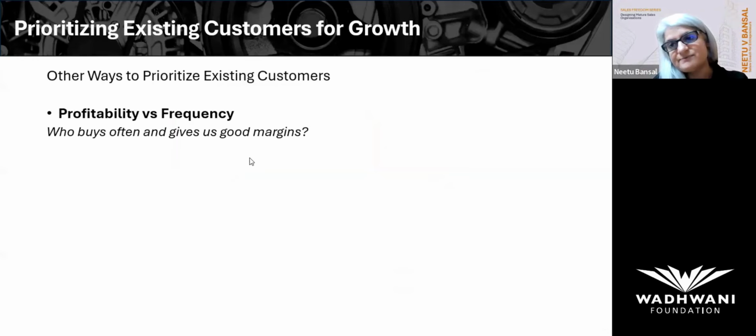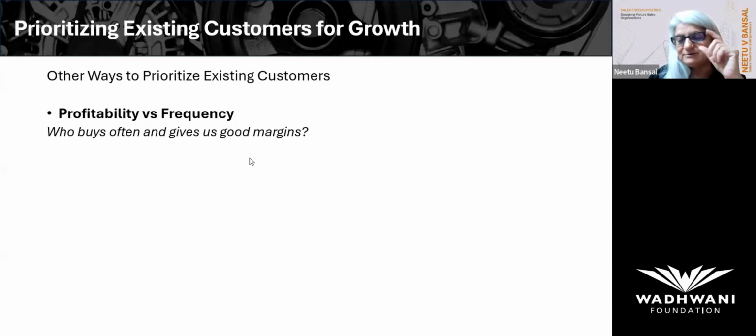Especially for businesses where your margins are very thin, it's better to calculate profitability versus frequency instead of revenue versus frequency. Especially when we're looking at category A, where large marquee customers are, I have realized quite often the per unit profitability is lower because they negotiate very hard with you.